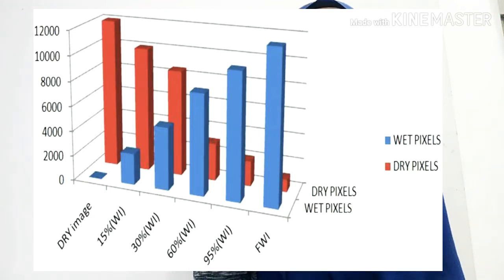The fourth one shows that the wet pixel is 60%, while the dry pixel is moderate wet soil, which is 40% only. The fifth bar results show 95% is the wet content, while the 5% is the dry pixel. The last part shows 100% of wet content. It is completely wet soil.